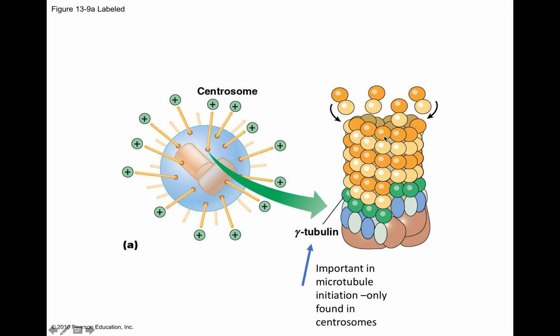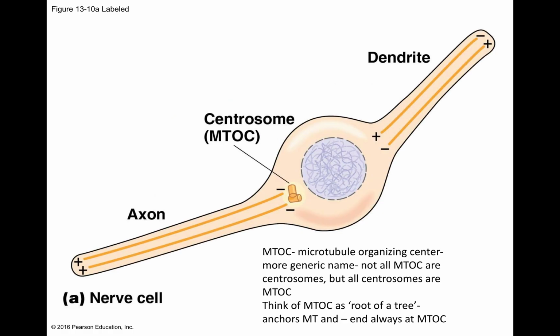So up here in the microtubule, these are alpha and beta subunits of tubulin. Gamma tubulin is a different type of tubulin, and that's where microtubules get started on their minus end. So in all microtubule organizing centers, whether it's a centrosome or another kind, the negative end will be at the microtubule organizing center, and the positive end will be growing away from it.